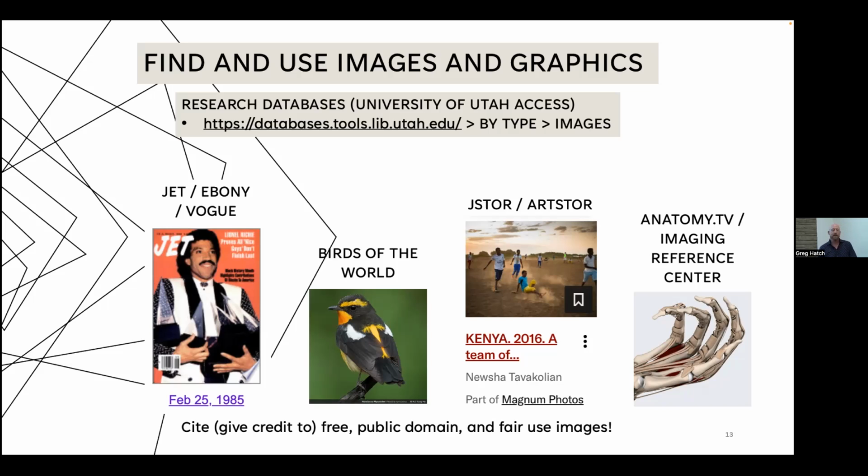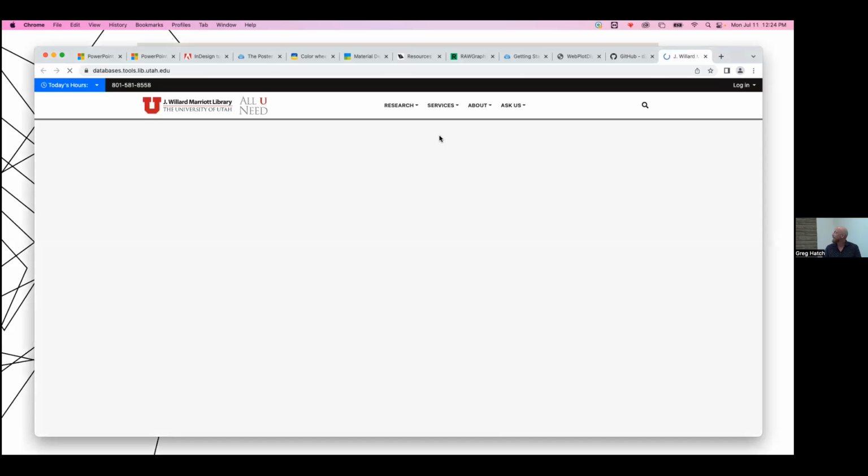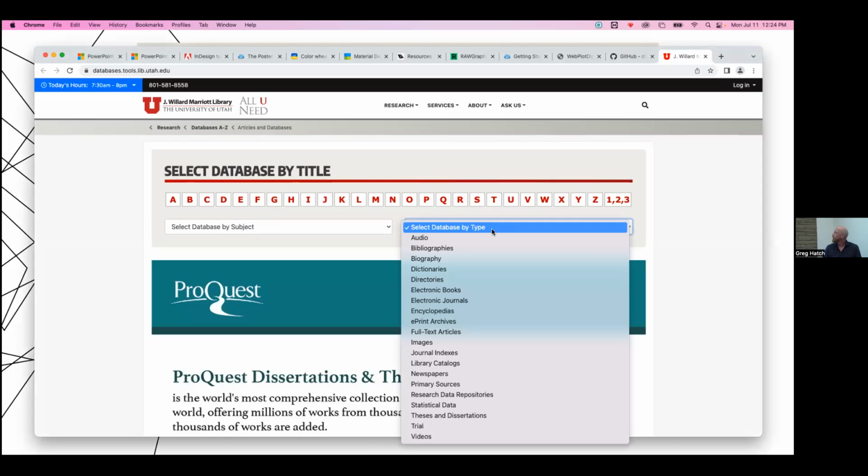Another one that I thought might be of interest to those of you in the STEM fields, or in particular in human science fields, anatomy.tv, as well as the Imaging Reference Center, have lots of high resolution images of the human body. So you can find all of those databases by following the link up at the top of the screen, and then choosing databases by type and sliding down to images.